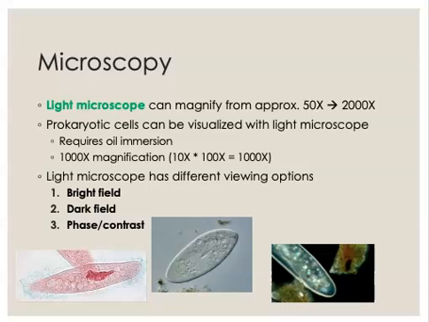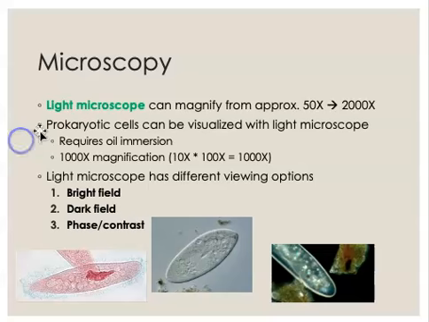All cells can be visualized using a light microscope. It's just that some cells can be seen in greater detail than others. So prokaryotic and eukaryotic cells can be seen under a light microscope.